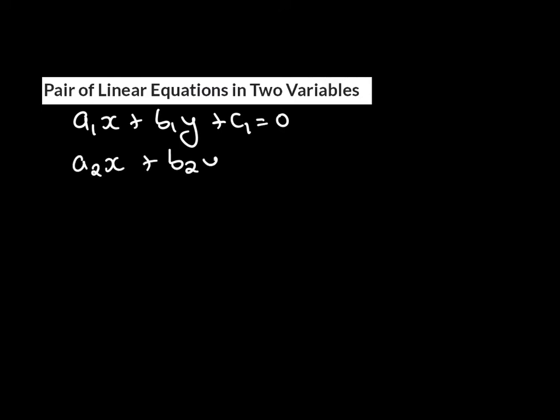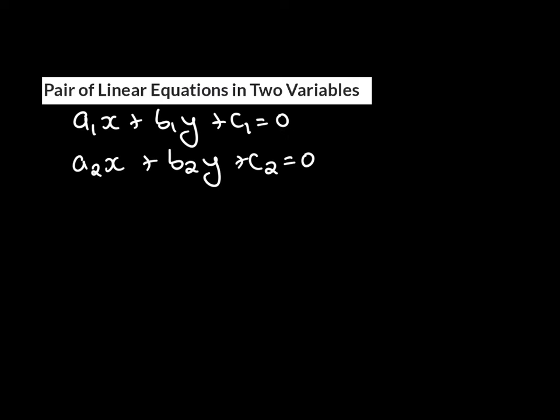And the general form of a pair of linear equations will be a1x plus b1y plus c1 equal to 0, a2x plus b2y plus c2 equal to 0, where a1, b1, c1, a2, b2, c2 are all real numbers, and a1, b1 together cannot be equal to 0, and a2 and b2 together cannot be equal to 0. Both together cannot be equal to 0.